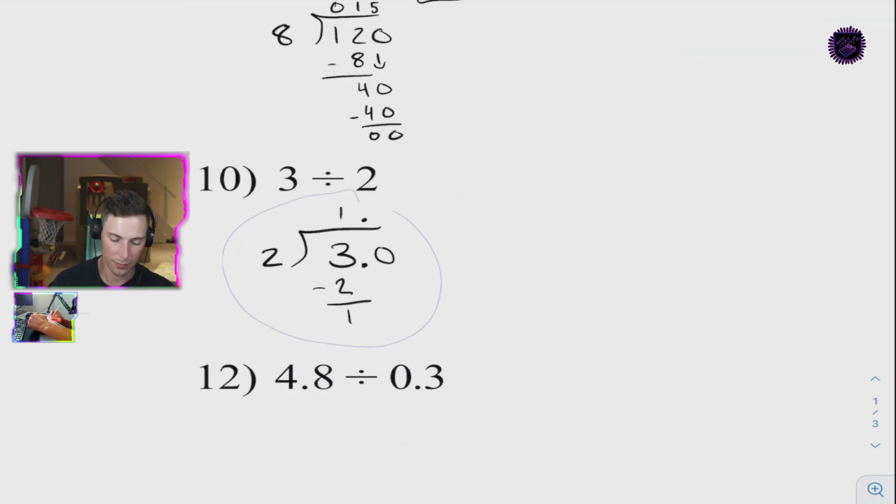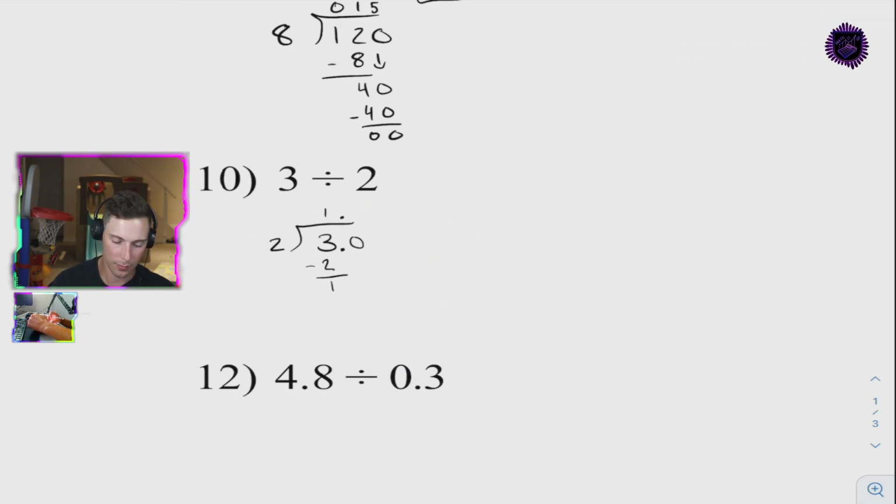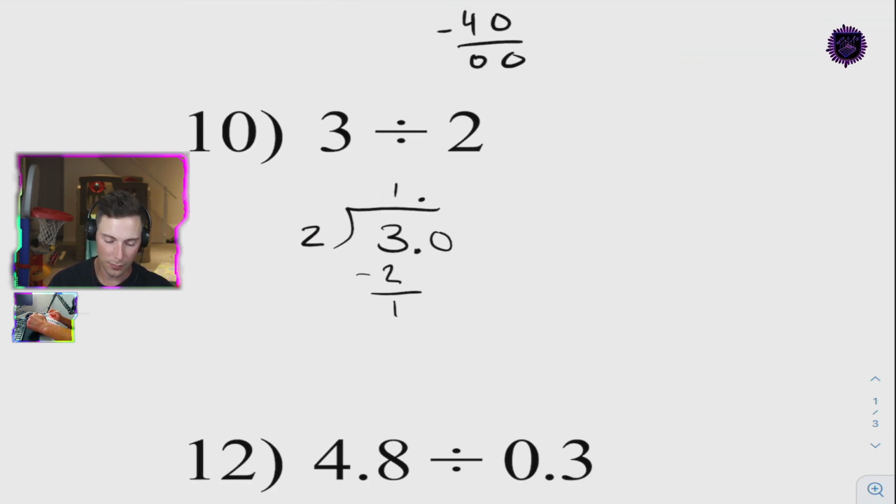So let's write that decimal 0. Let's drop that 0 down. And it's going to be 10. Does 2 go into 10? Yes, it does.